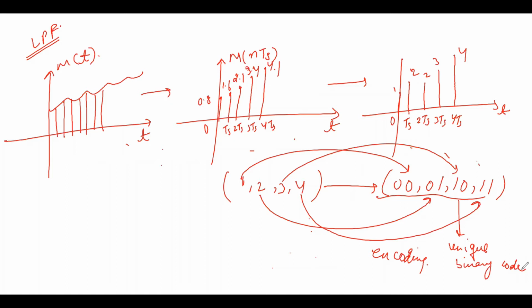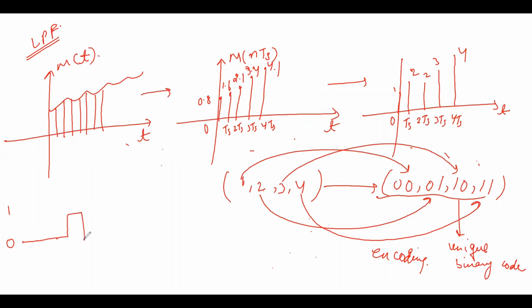Now what will be the output of my encoder in this example? First is 1, and 1 is mapped to 00, so it will be 0, 0. Next is 2, which is mapped to 01, so it will be 0, then 1.